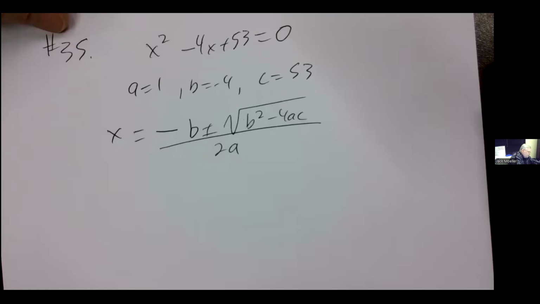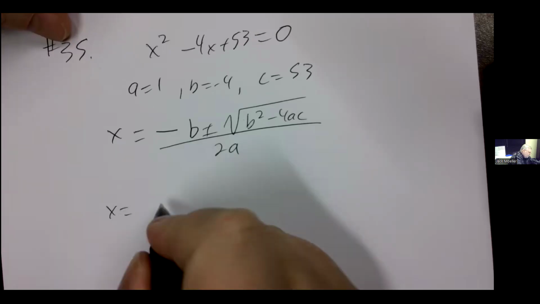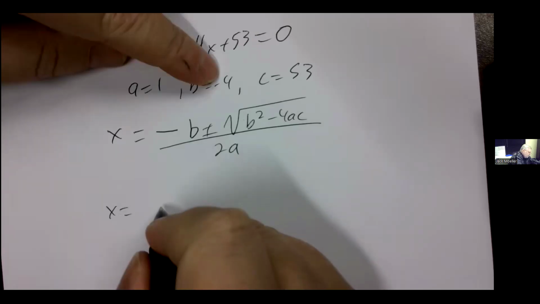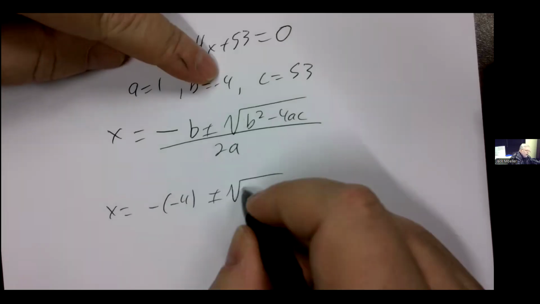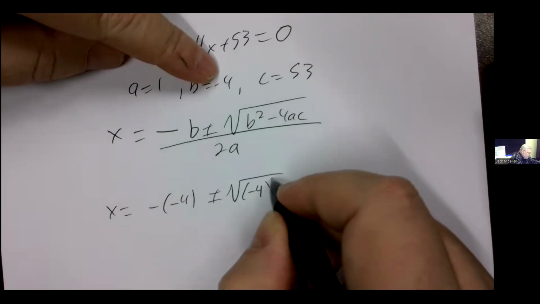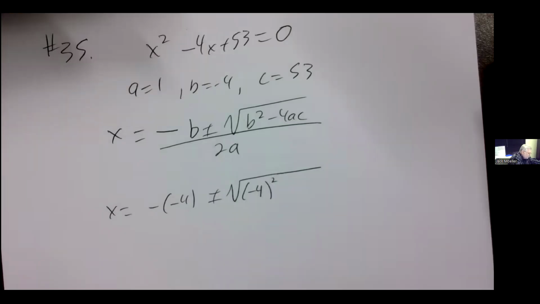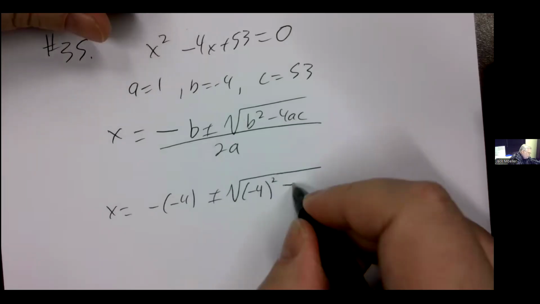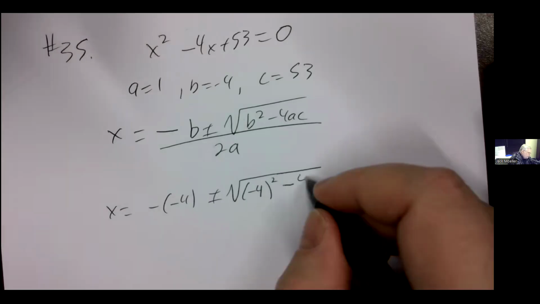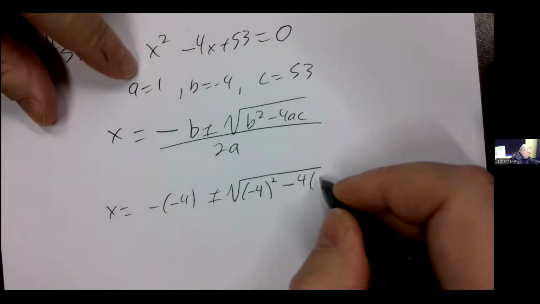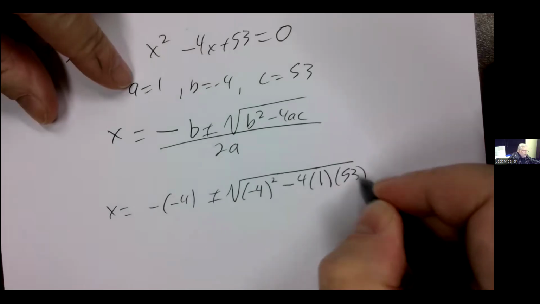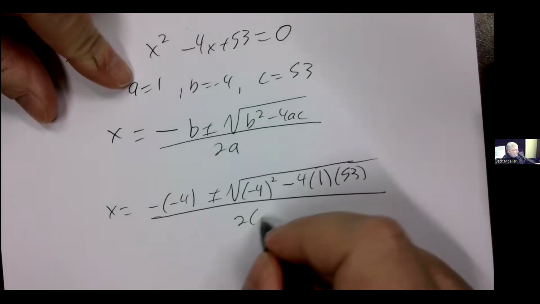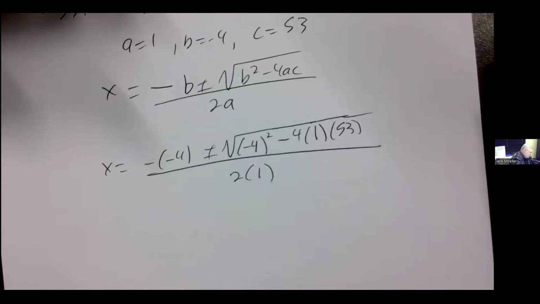Negative b, which is a double negative, plus or minus the square root of b squared, and please use parentheses when plugging in these numbers, particularly negative numbers, because that's an extremely common source of mistakes. Minus 4 times a times c, so 4 times 1 times 53, all over 2 times a, just 2 times 1.